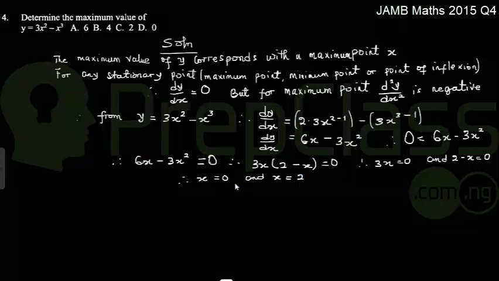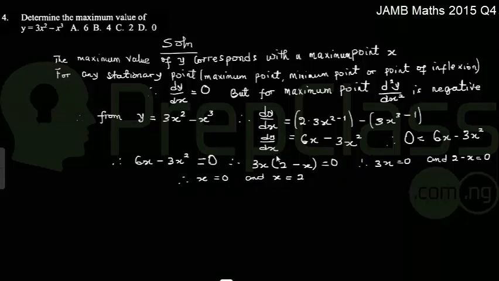So now, between these two x points, which of them will be the maximum and which of them will be the minimum? That is where the second test now comes in. You're going to test each of these 2 points after differentiating this function for the second time.